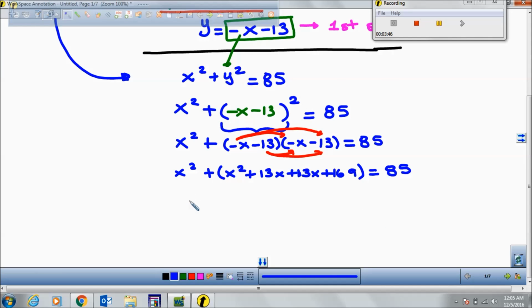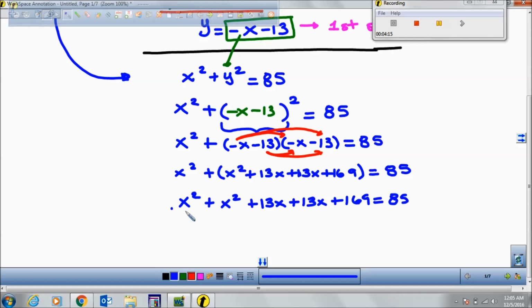So then let's simplify that parenthesis. Since you're adding, you're doing x squared plus everything in this parenthesis, this plus is not going to affect anything inside. We can just bring everything down and simply combine like terms.